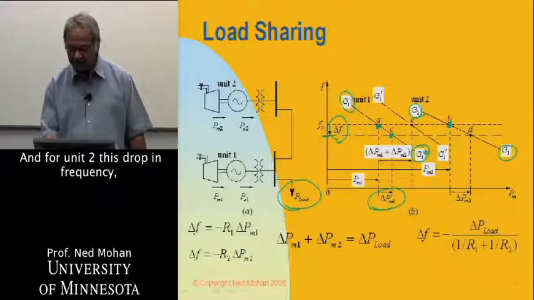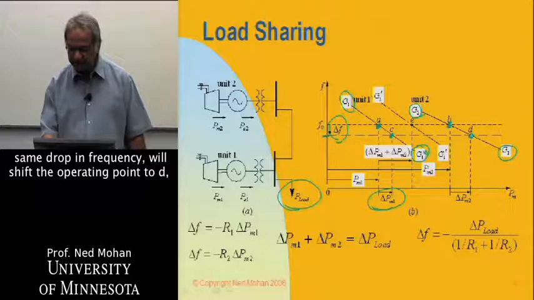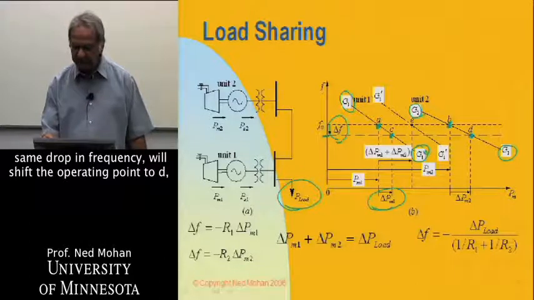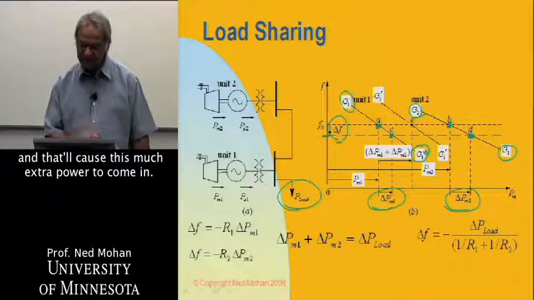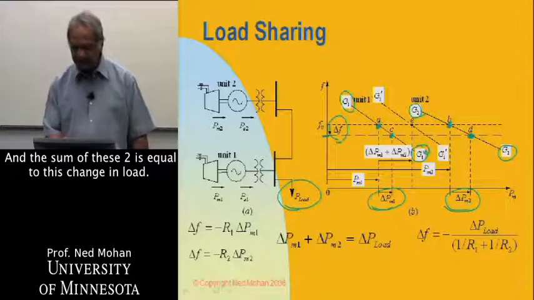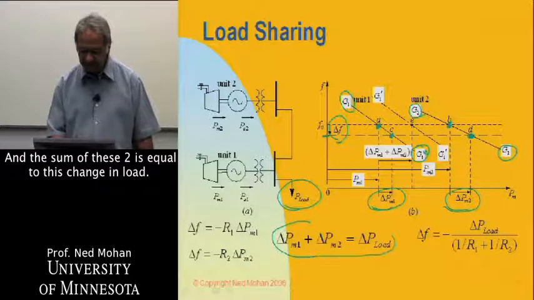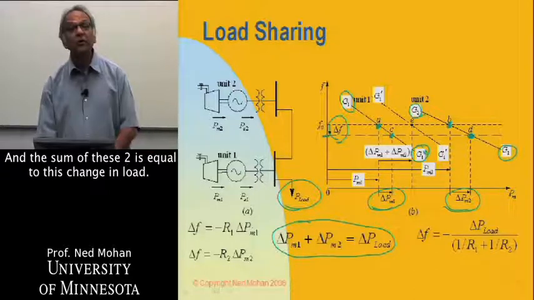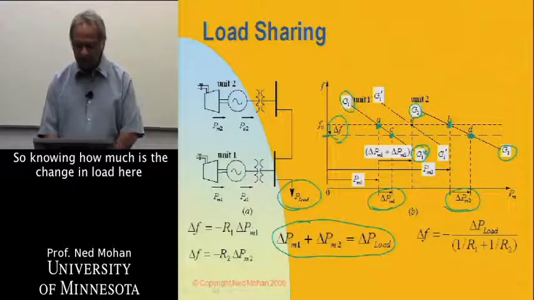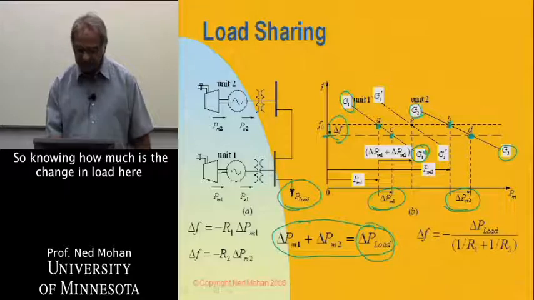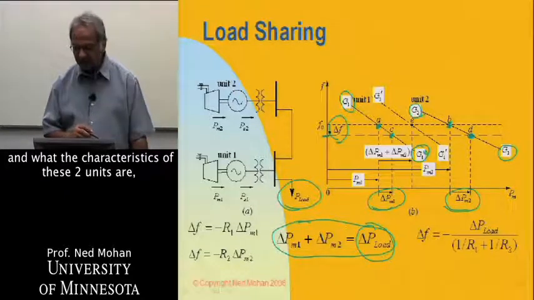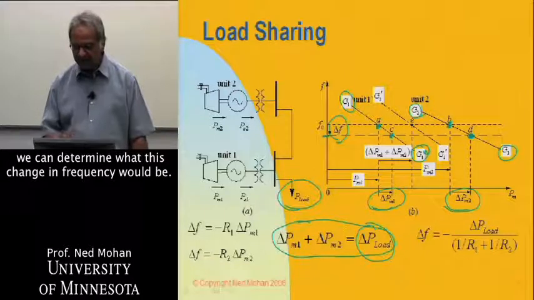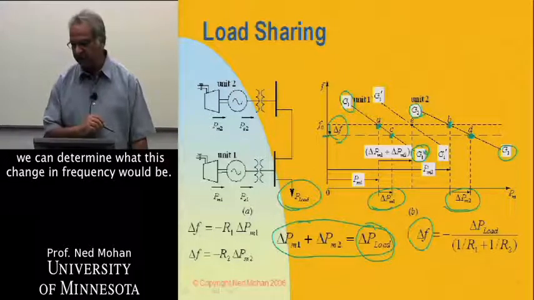For unit 2, the same drop in frequency will shift the operating point to D, and that will cause this much extra power to come in, and the sum of these two is equal to this change in load, right? So knowing the change in load and the characteristics of these two units, we can determine what the change in frequency would be.